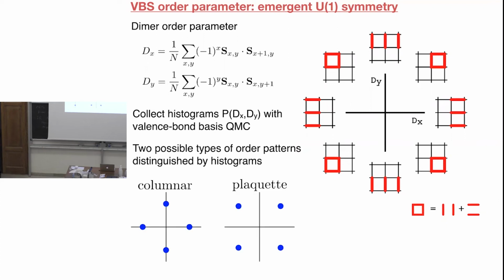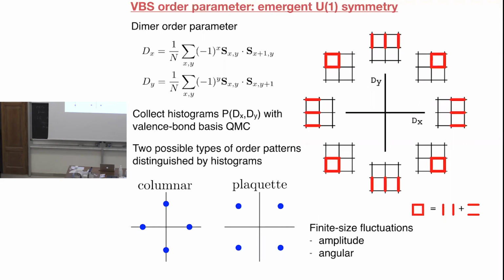So that we can check by collecting histograms: if it's a columnar phase, it should have this kind of blobs, and if it's a plaquette phase, that kind of blob. And of course, finite size will broaden those blobs exactly like finite size broadens the distribution of M in the Ising model.